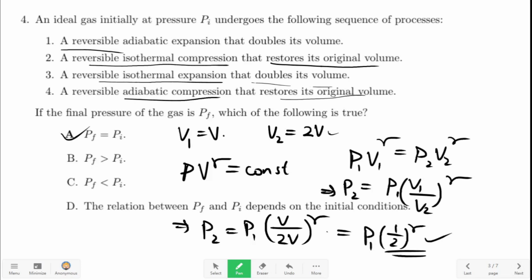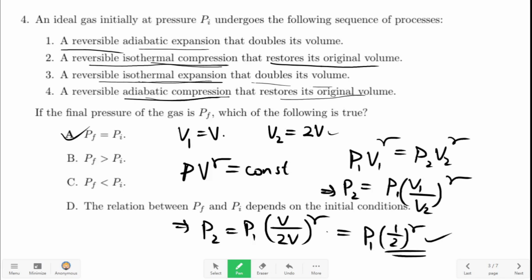There is no need to do this much calculation to solve this problem, because this is a cyclic process. We have adiabatic expansion, and then there is adiabatic compression. We have isothermal compression, and then there is isothermal expansion. So this is a cyclic process, and in a cyclic process the net change in state functions is 0.